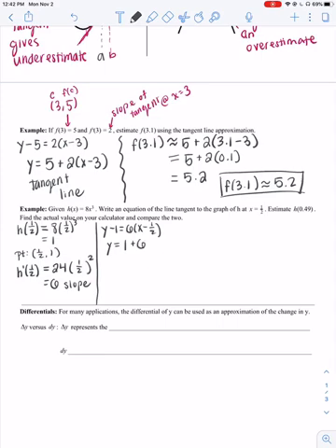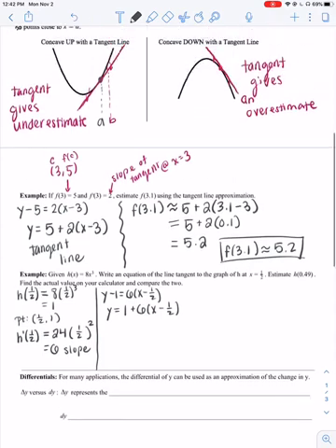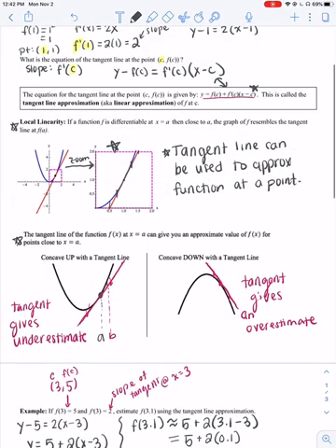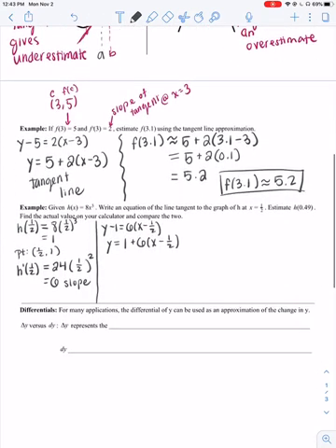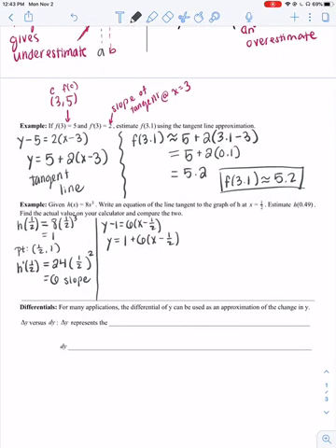I'm writing the 1 in front just to stay consistent in case you choose to use this formula in the box up here, because they write the f of c here, but you can certainly write it at the end since it's just addition. Okay, so we have our tangent line.